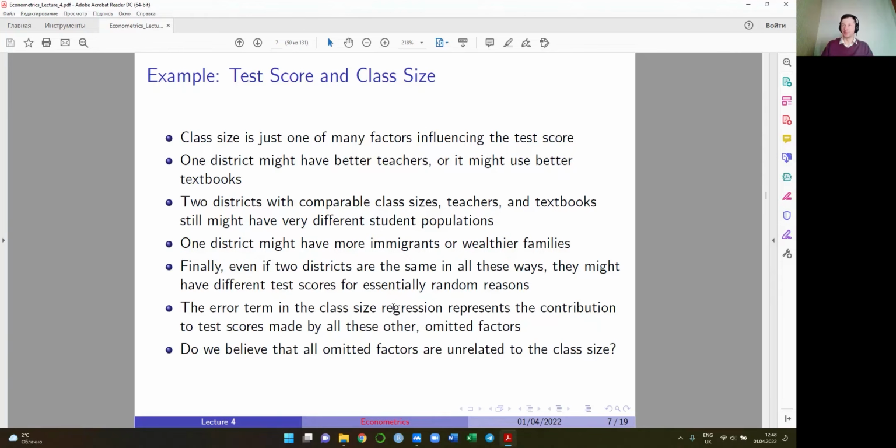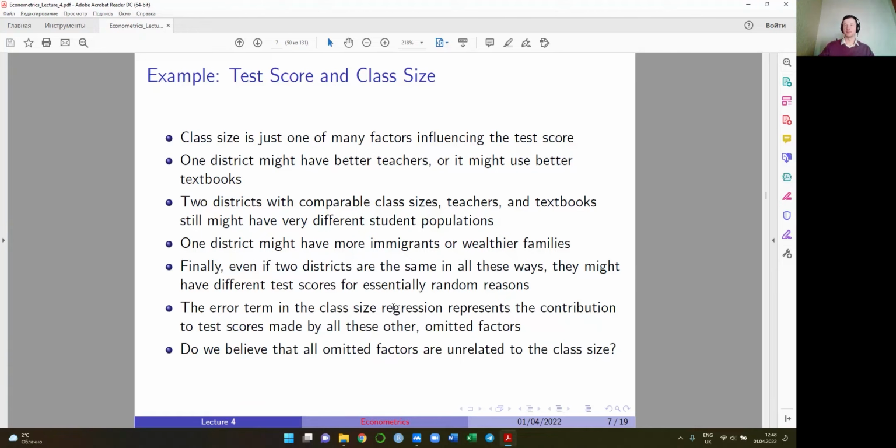So the best solution is to run a randomized experiment. Given this example, it's not possible because you cannot randomly assign the class sizes over districts. Definitely, it's not practically feasible. Then we need to solve this problem somehow else. And how to solve it, we'll discuss in lecture 6.